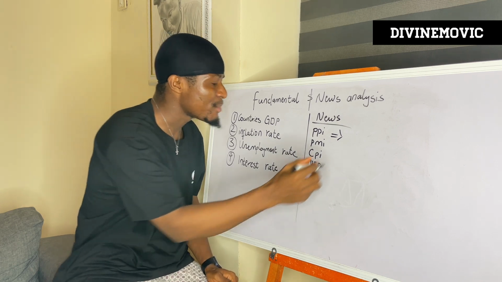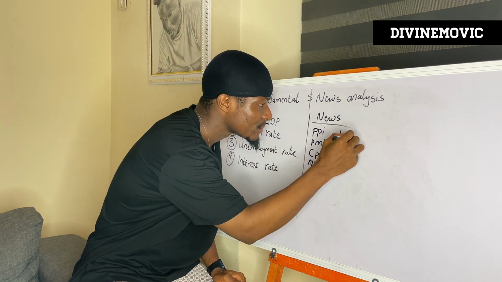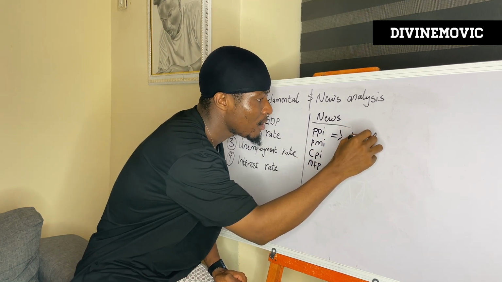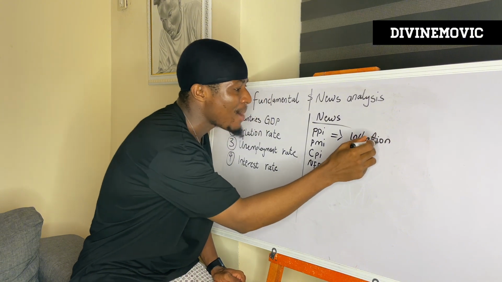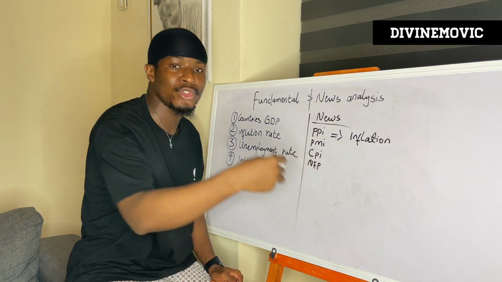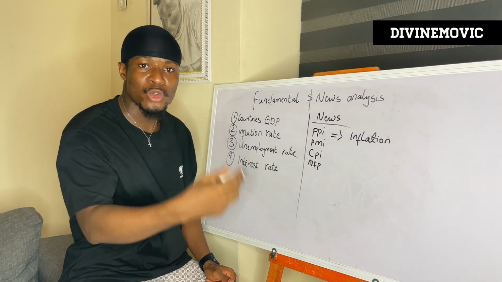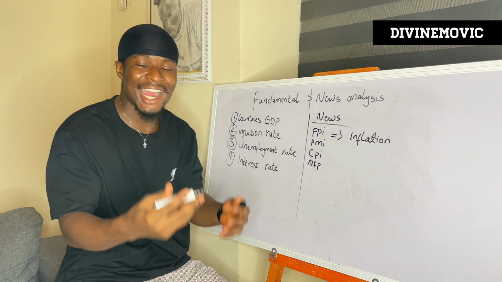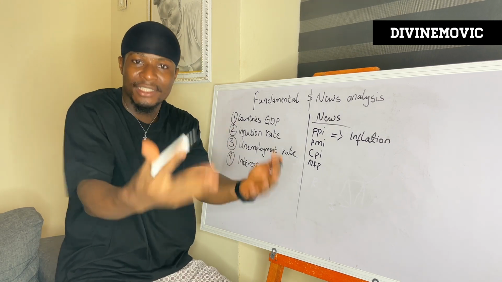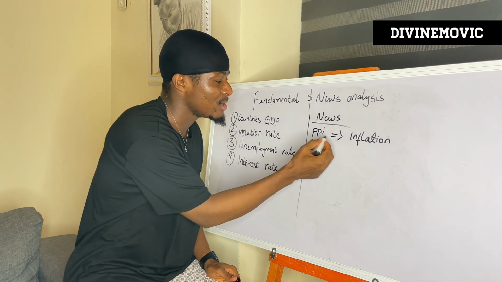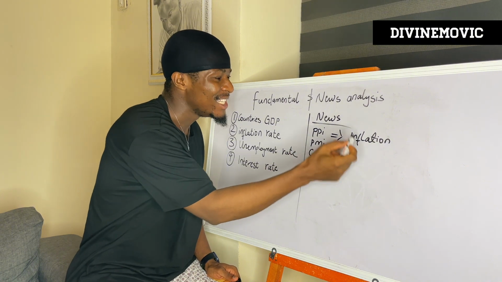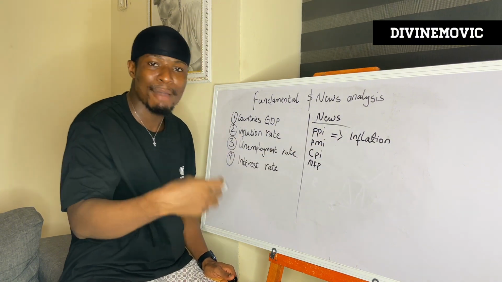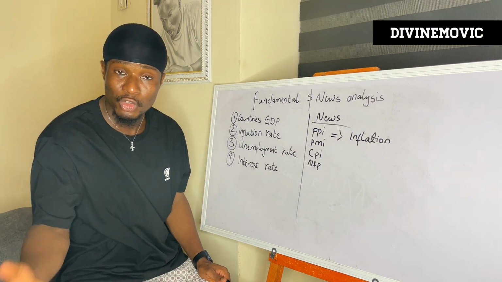This actually reports for inflation rates about how producers are producing in the country. The goods that are being produced in this country, are consumers taking them? Are they selling them? That's what this news is reporting: the inflation rate about how producers are producing goods in the country.